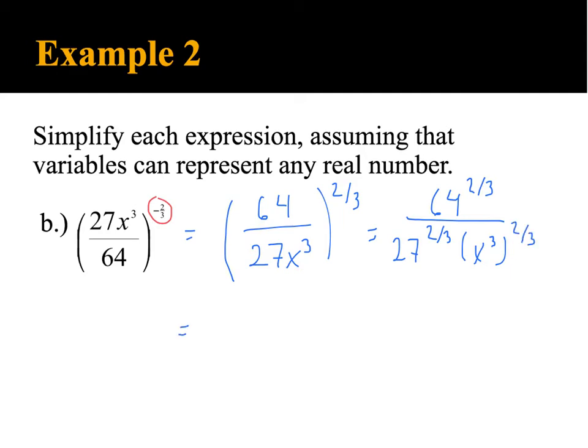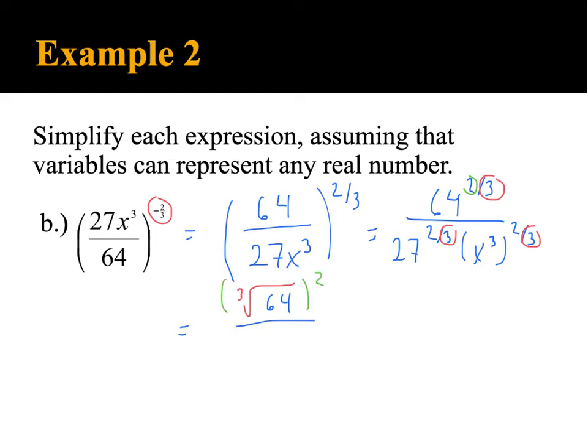And so the numbers, again, I like to do the cube root first. I like to do this part first. So it's the cube root of 64, but then I'm going to square that after I do that.